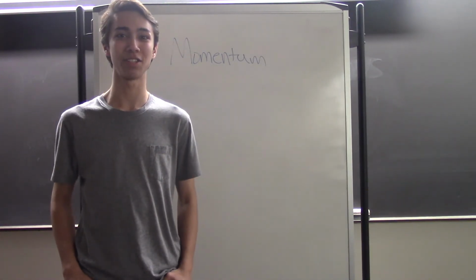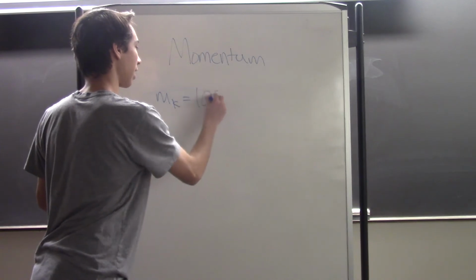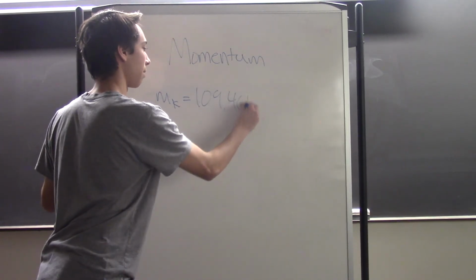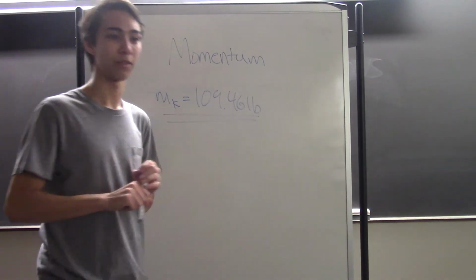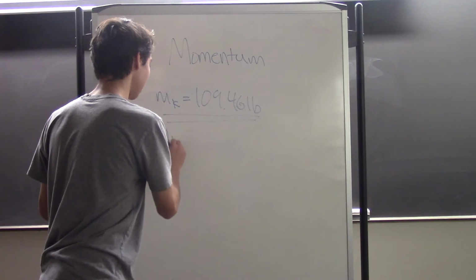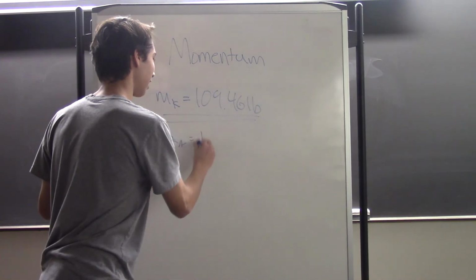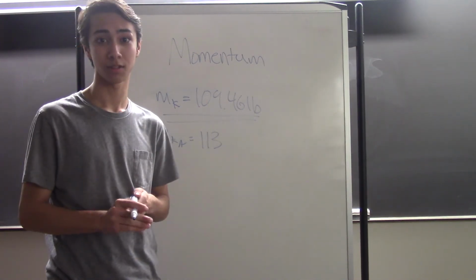When we plug these numbers into a calculator, we get that Christy's mass equals 109.46 pounds, when in fact Christy's actual mass is 113 pounds. Do we think this is reasonable?